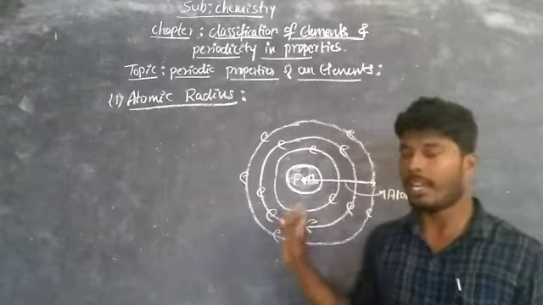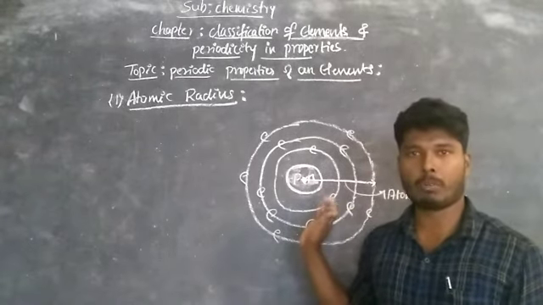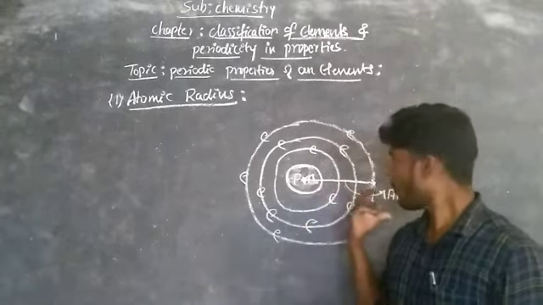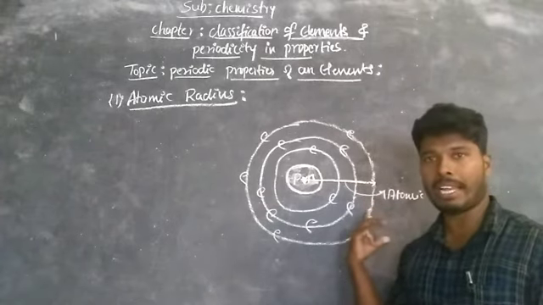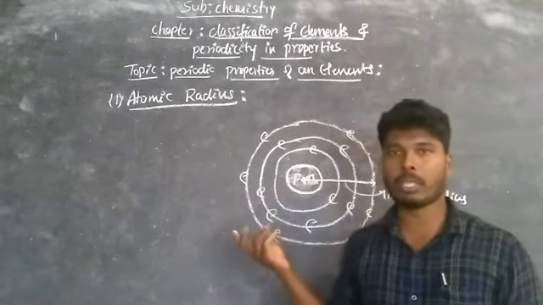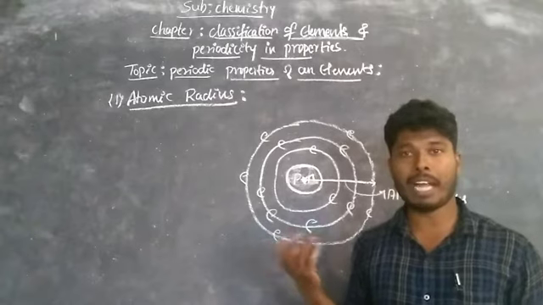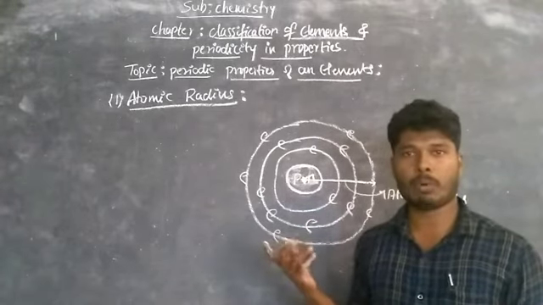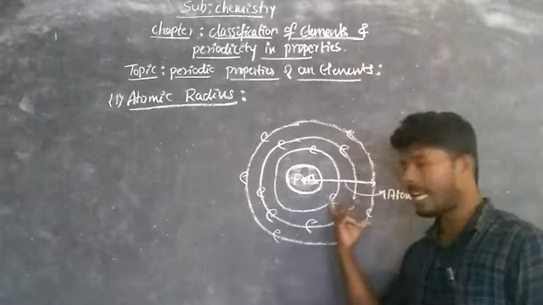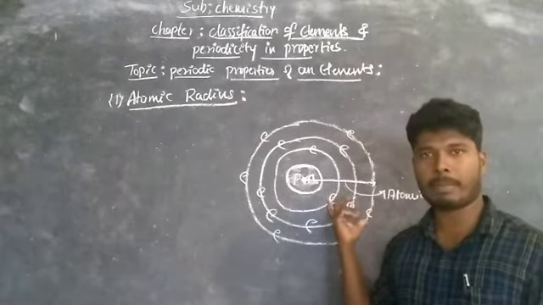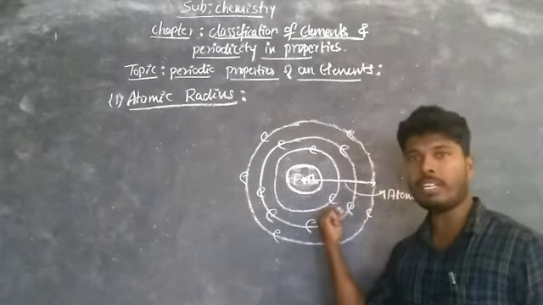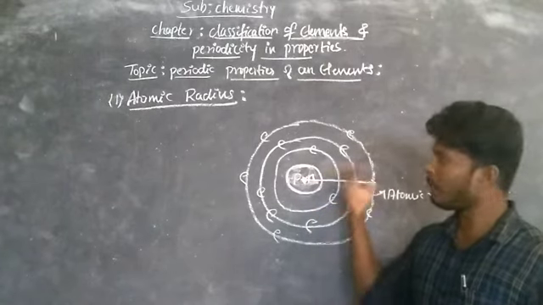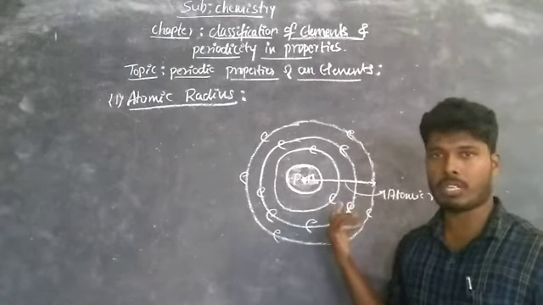It depends on the environment, because the outermost shell electrons react with a neighboring atom and therefore form molecules or compounds. During that stage the atomic radius varies. It may shrink, meaning decrease, or it may increase, meaning become larger.